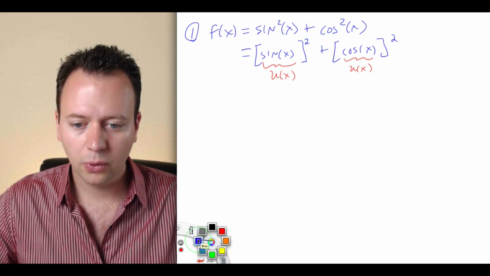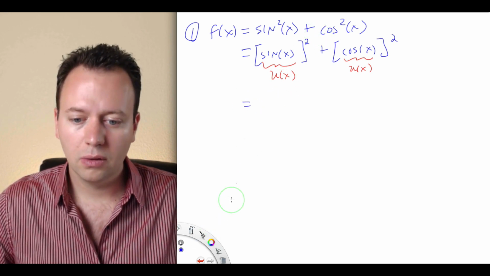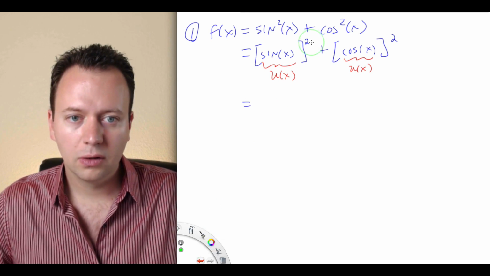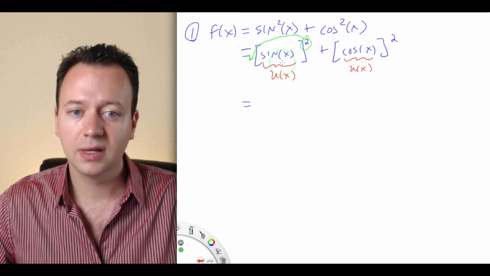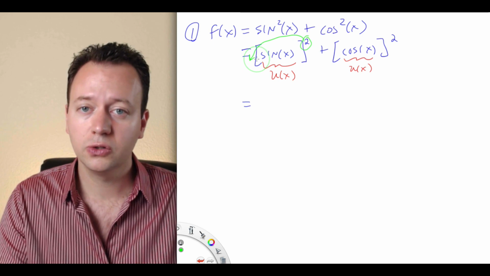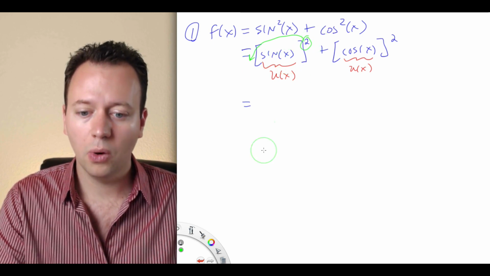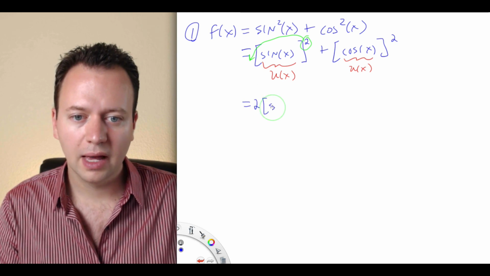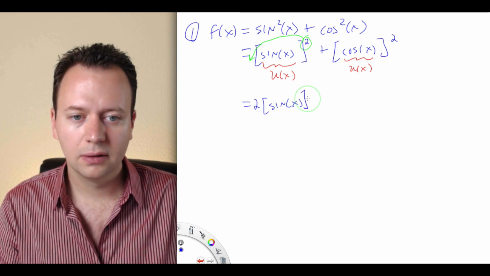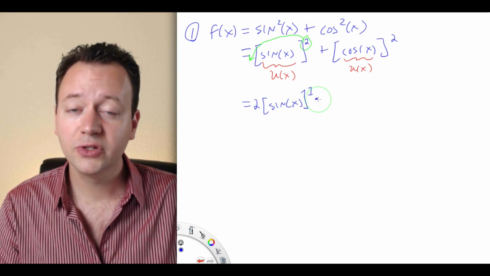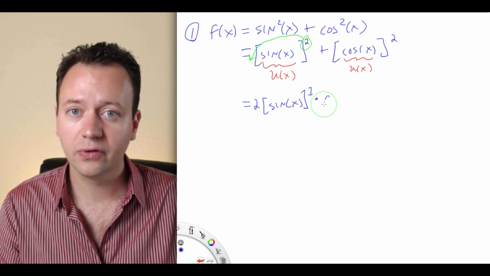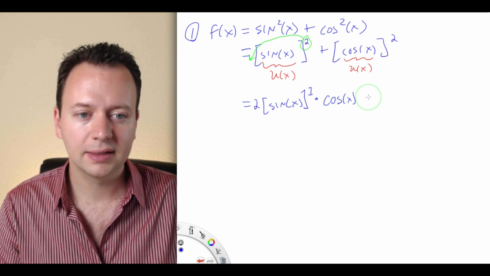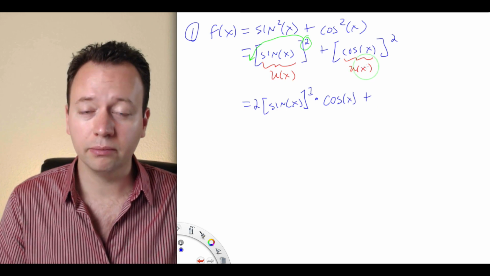So when we take the derivative, the 2 comes down, right, because it's u of x squared, so it's 2 u of x to the 1, 2 times sine of x to the first times the derivative of the inside. So the derivative of sine is cosine of x. Then for the second term, we do the same thing.